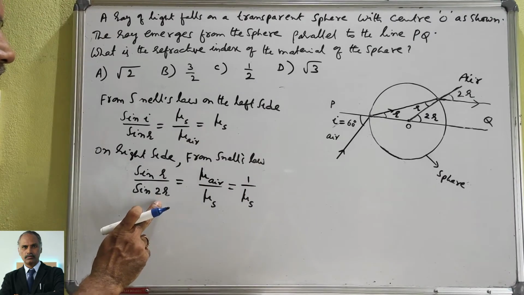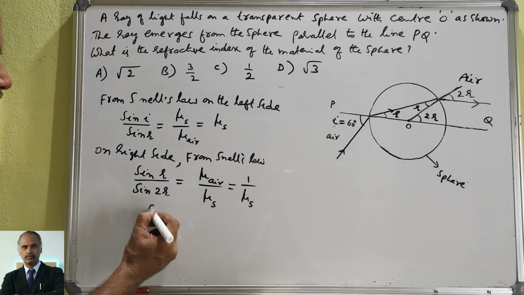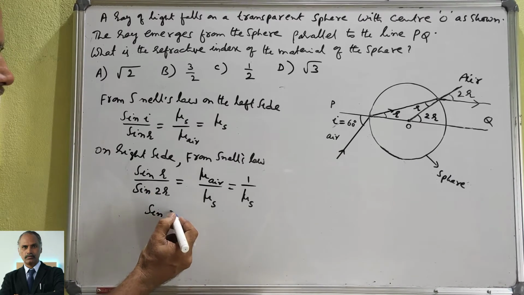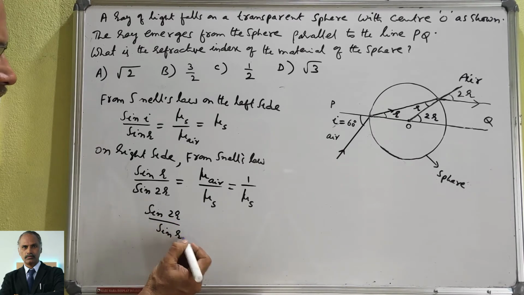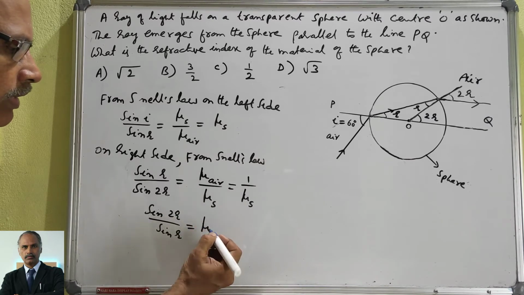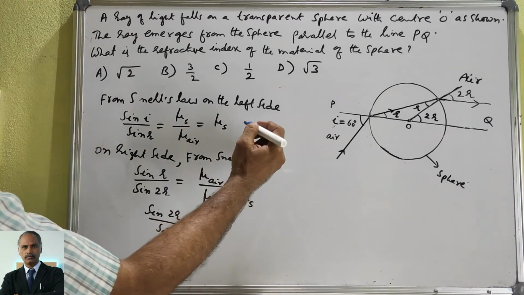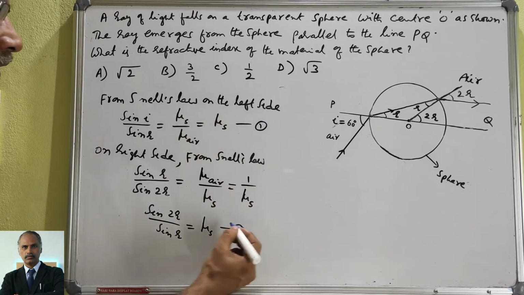If you take the reciprocal of this equation, sin 2R by sin R is equal to mu s. Now suppose you call this equation 1 and this equation 2.